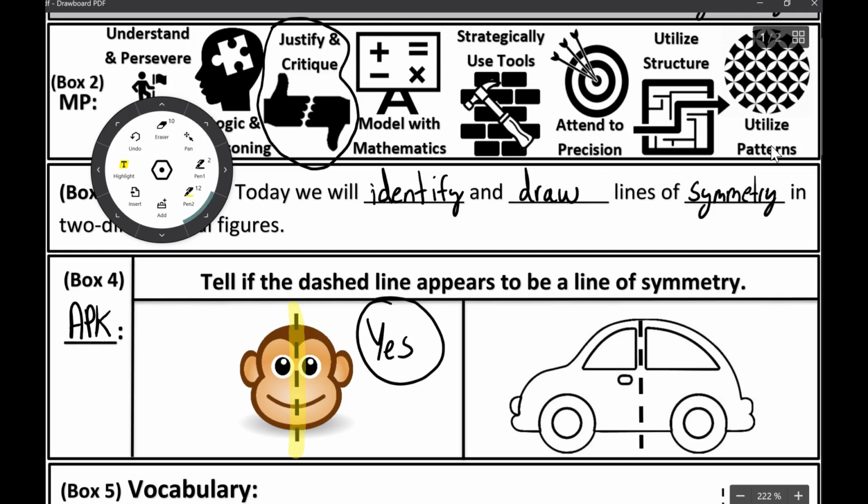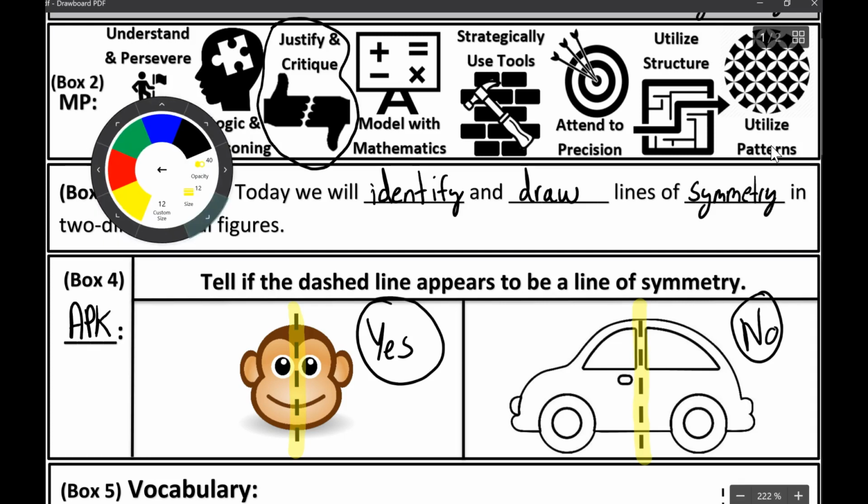So now going into our next APK problem, we have an image or a shape of a car, okay? And then we have another dashed line going straight down it vertically. And it's asking, will this line be a line of symmetry? Meaning, does this line cut the object into two equal parts? And the answer to this is no. Now if I'm justifying why, there's a couple of reasons actually.